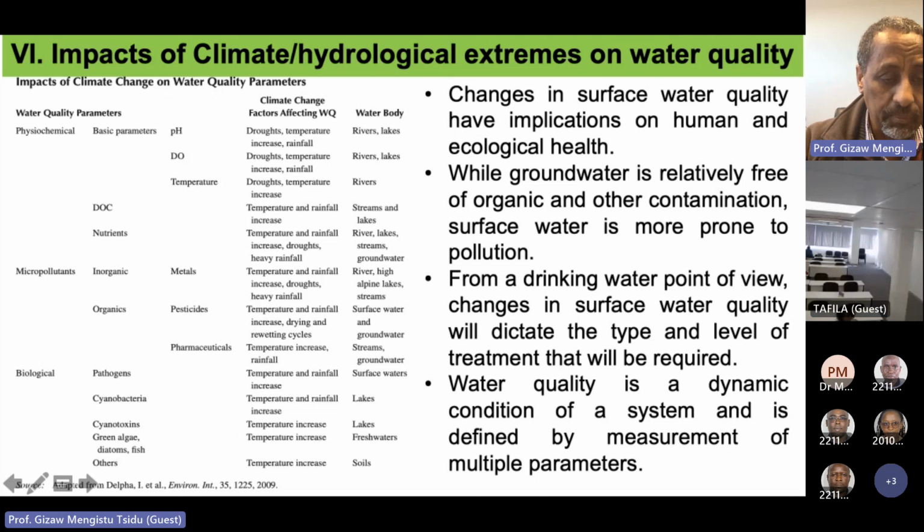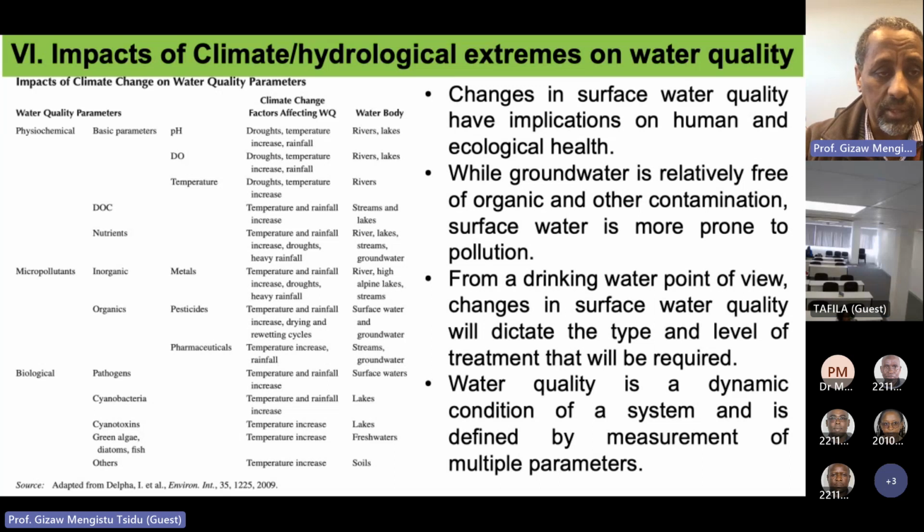Biological water parameter indicators are cyanobacteria, which are pathogens actually, cyanotoxins, green algae, diatoms, fish, and other things. These are part of the biological parameters that one can derive.